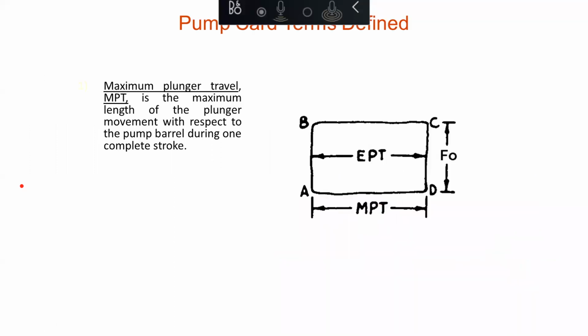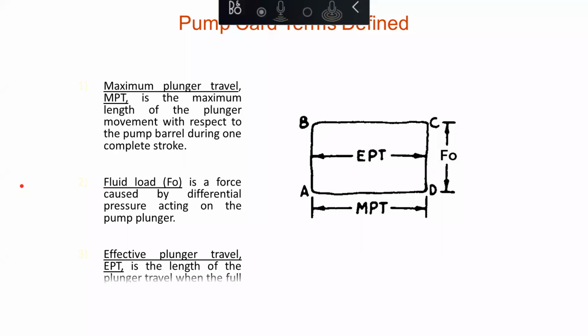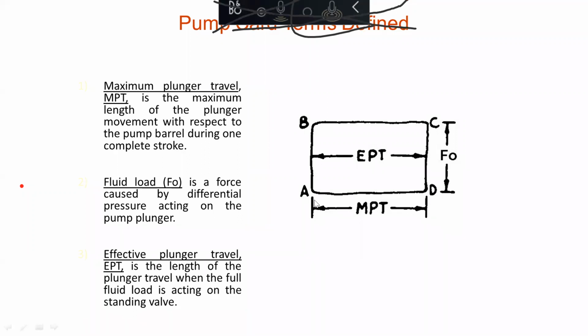Now let's see the expressions that are given to your pump card. For maximum plunger travel, we call it the MPT. That will be your original stroke length that you set at the surface. You are assuming your stroke length to be the same as your pump stroke downhole, but it is not going to be the same because of the expansion and the contraction.